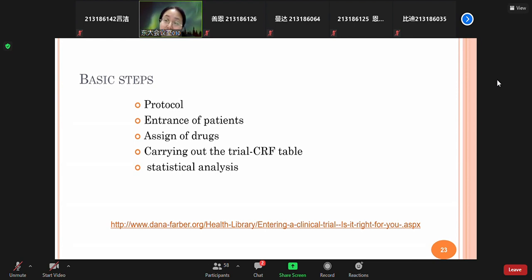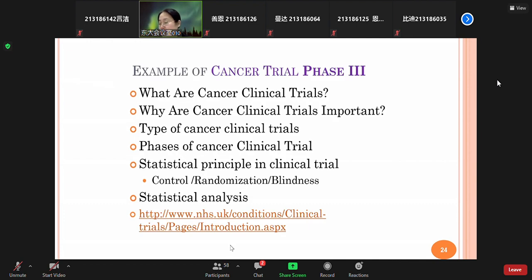The staff from CFDA will check all of the documents to assure that you get a fair result about the new drug. Then they will sign a formal approval to you, meaning the drug company.